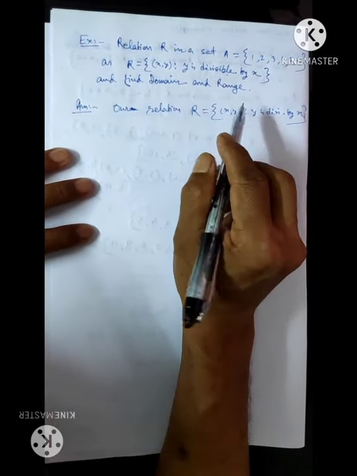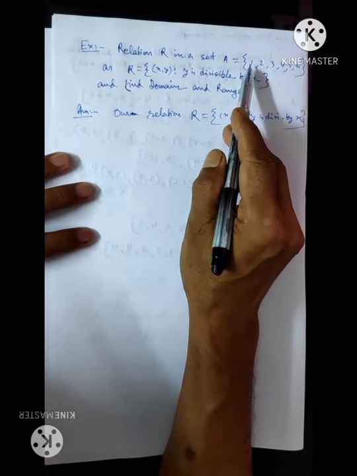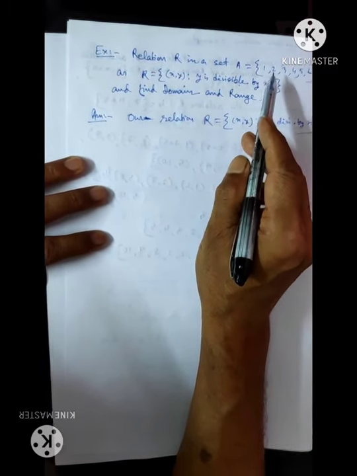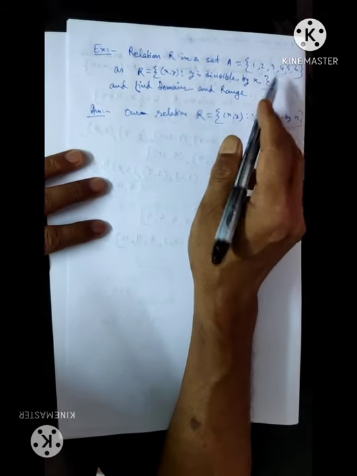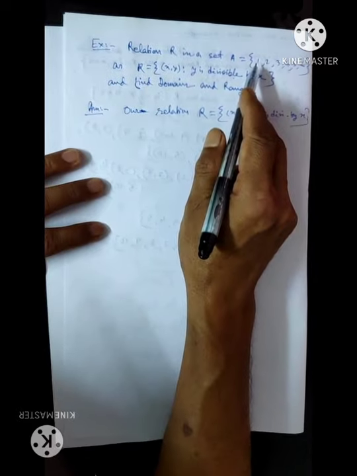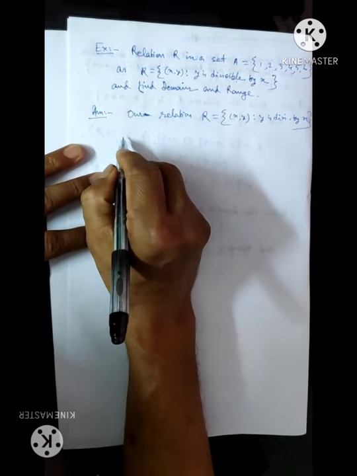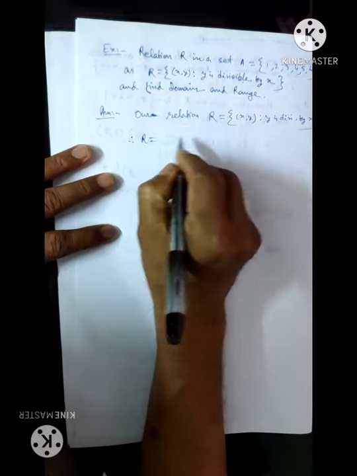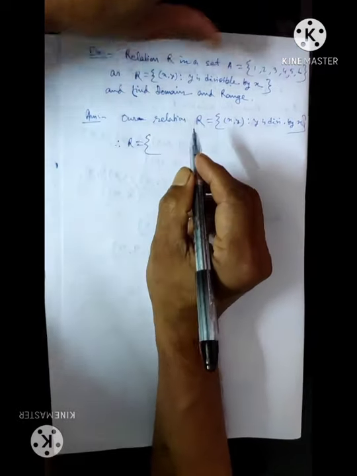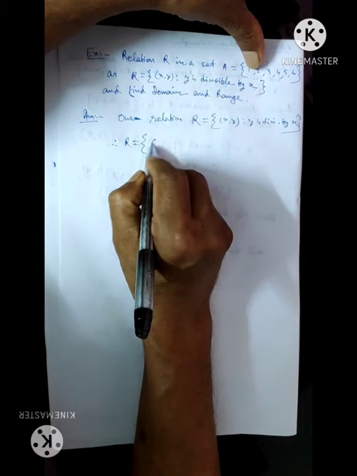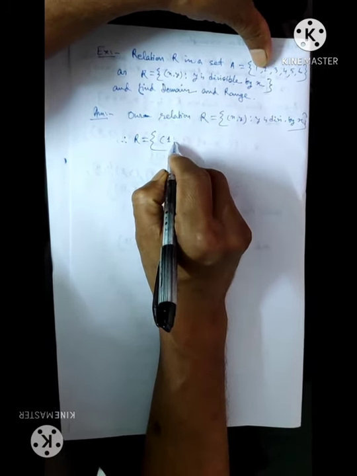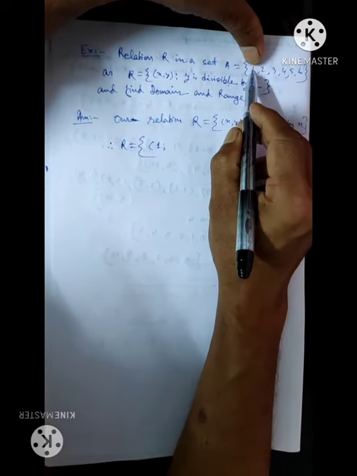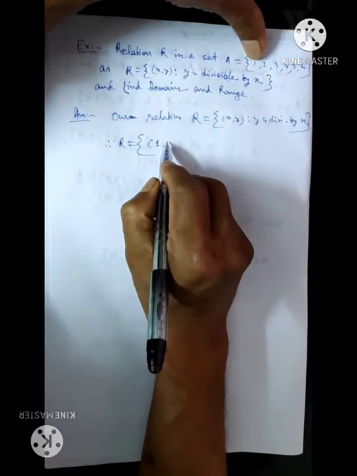Then our relation will be where the first element x is 1 and the second element is divisible by 1. If we take the first element 1, then the second element of the ordered pair is 1, because 1 is divisible by 1. This means 1, 1.